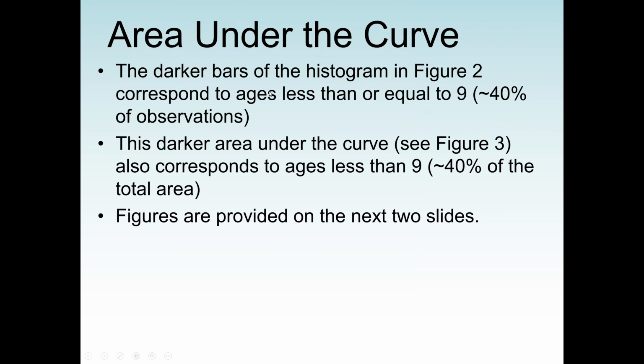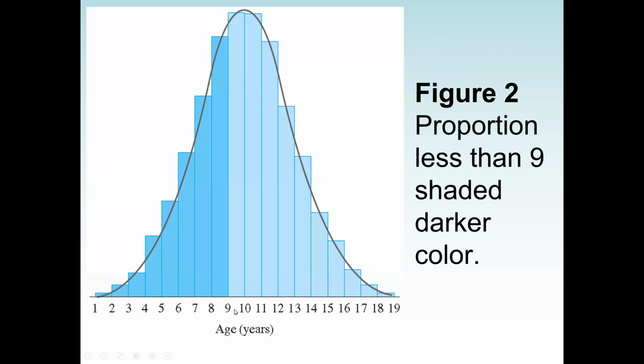We have an example in the next slide, where the darker side, the blue section, means the ages are from 1 to 9. Or we say the ages are less than or equal to 9, which is almost 40% of the distribution.